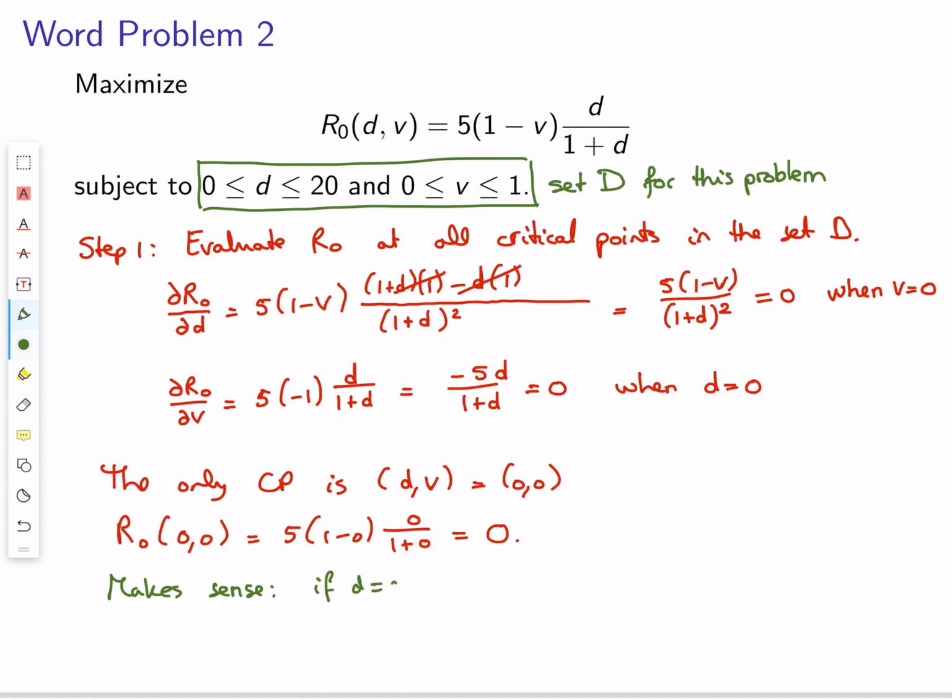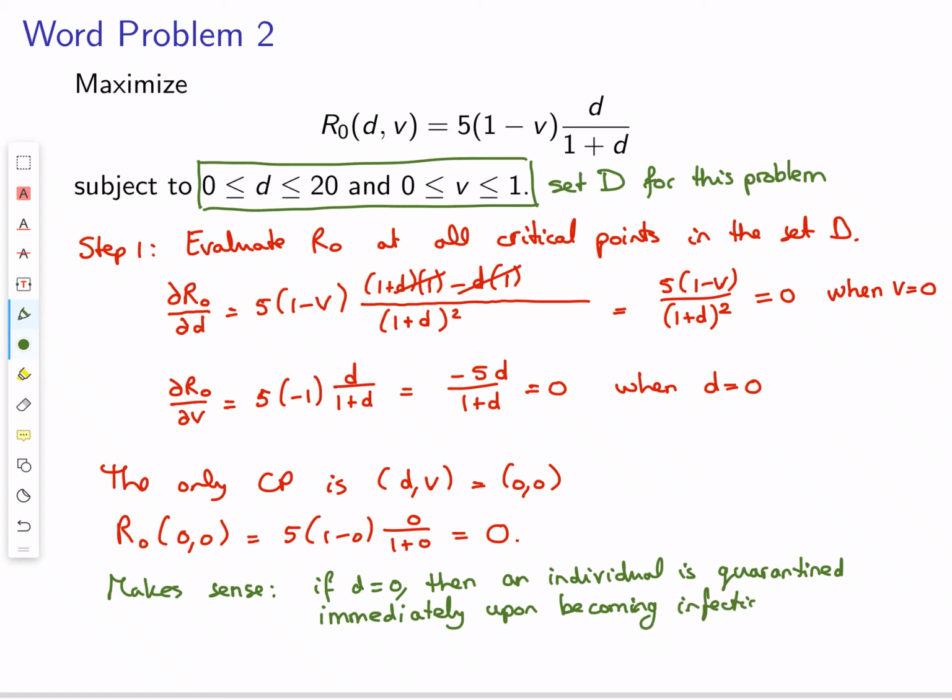If d is equal to 0, then an individual is quarantined immediately, the second somebody becomes ill. And that says there can't be any spread of the disease. So there's no spread of the disease.